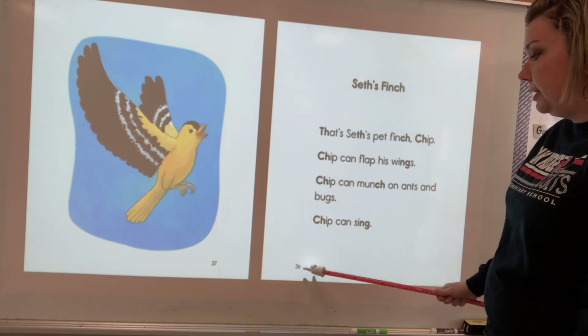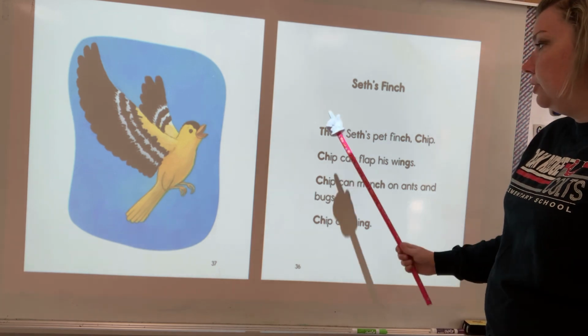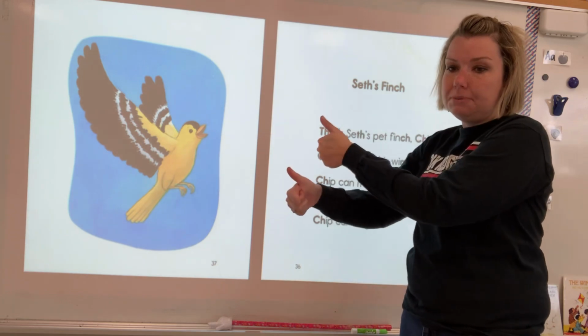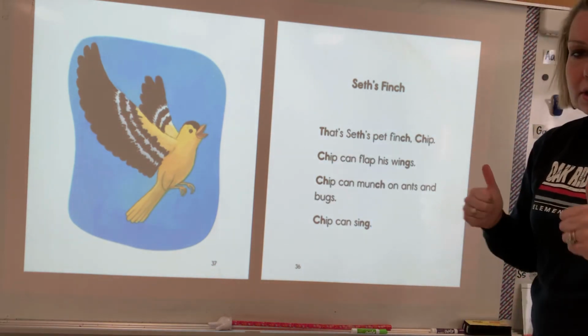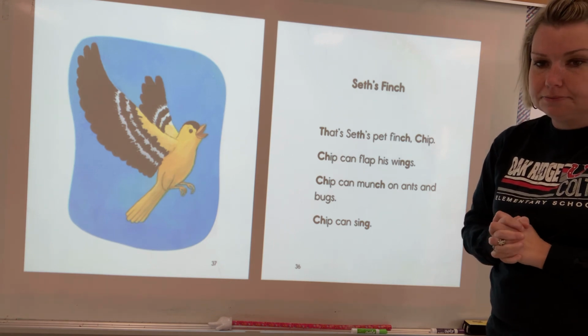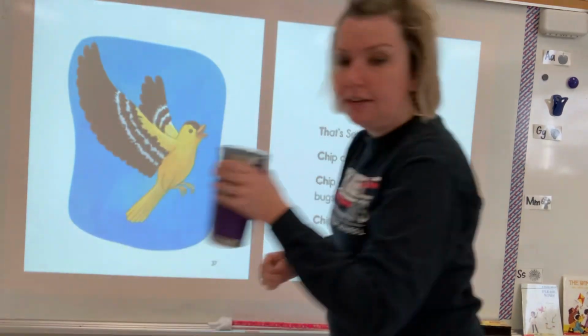Okay, let's please open our reader to Seth's Finch. You can look it up in your table of contents. It's on page 36. When you have your reader open and ready, give me a double thumbs up so that I know you're good to go. I don't want to leave anyone behind. Okay, I still see some friends turning pages, and that's fine.